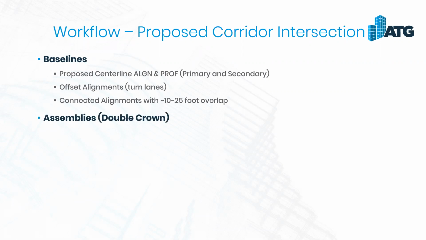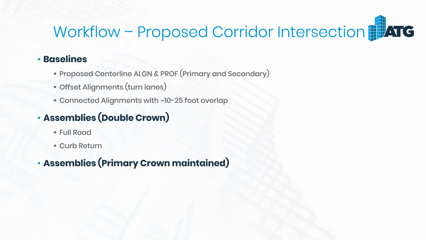And then our connected alignments, these are going to be our baselines for any of those curb return or half road sections. For our assemblies, in a double crown situation where both crowns are maintained, you're just going to need that full road and that curb return like we were talking about. This more complicated scenario, we're actually going to be using the primary crown maintained. So the intersecting road is going to dip down to meet that edge of travel way at the -2% or whatever cross slope from the primary.